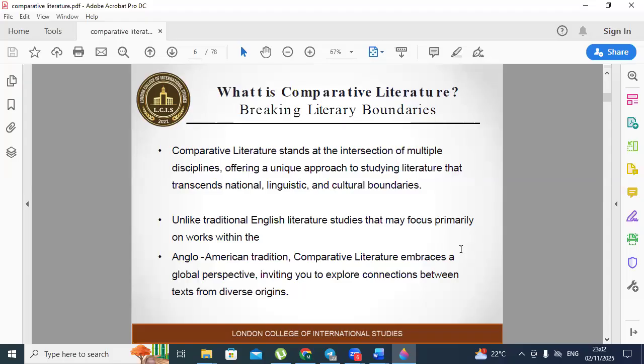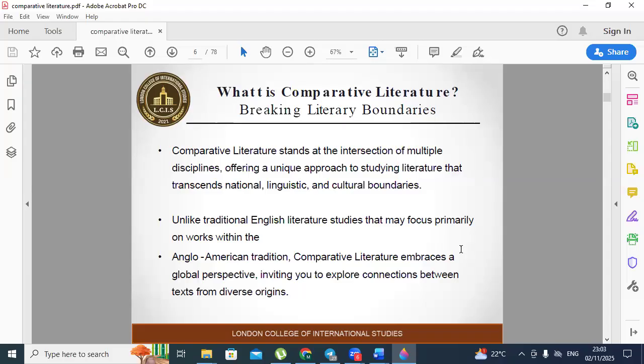So this slide delivers a core definition. It positions comparative literature at an intersection, implying a meeting point of different disciplines like history, philosophy, and linguistics. The key differentiator is the word transcends. It goes beyond national, linguistic, and cultural boundaries.